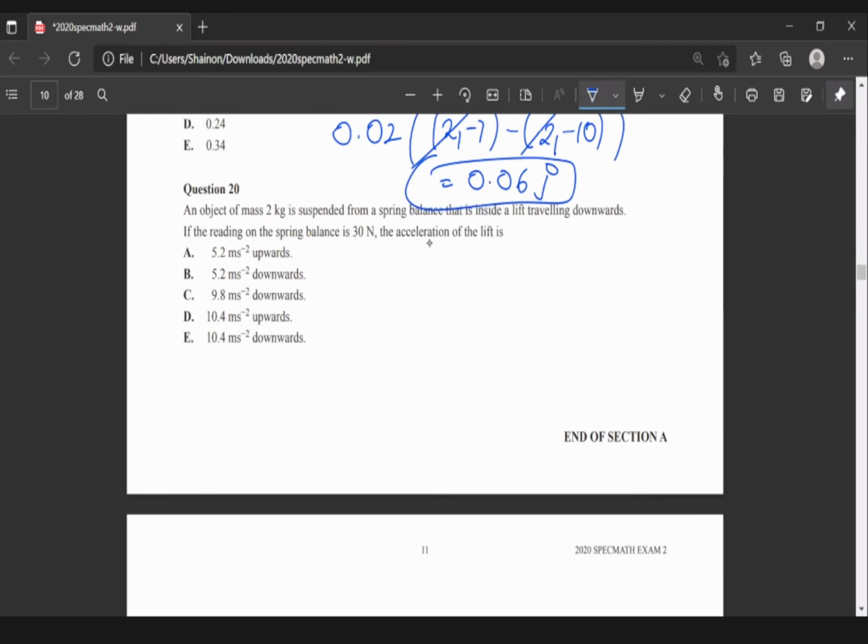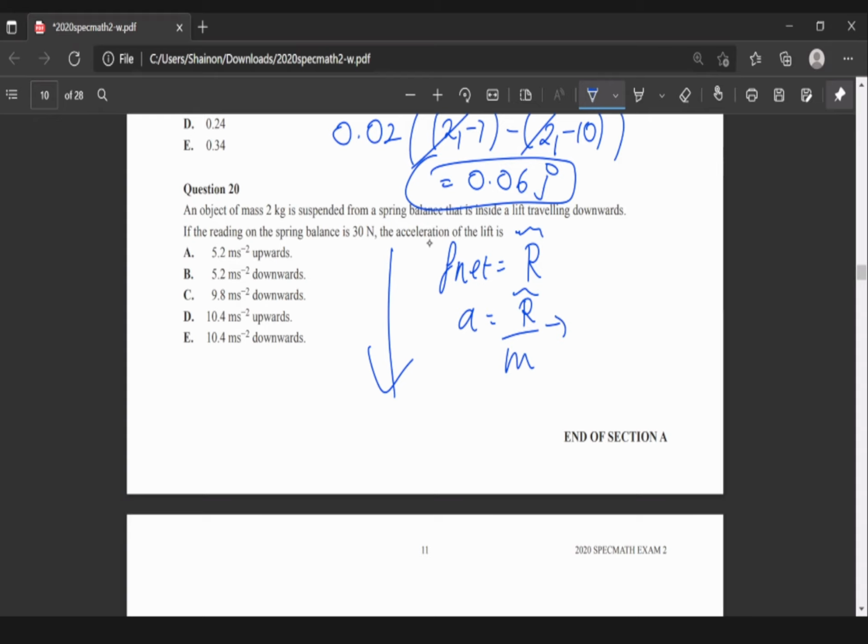An object has a mass of 2 suspended from a spring balance that is inside a lift traveling downwards. So F net, resultant. So 30 newtons. So acceleration is going to equal resultant over mass.